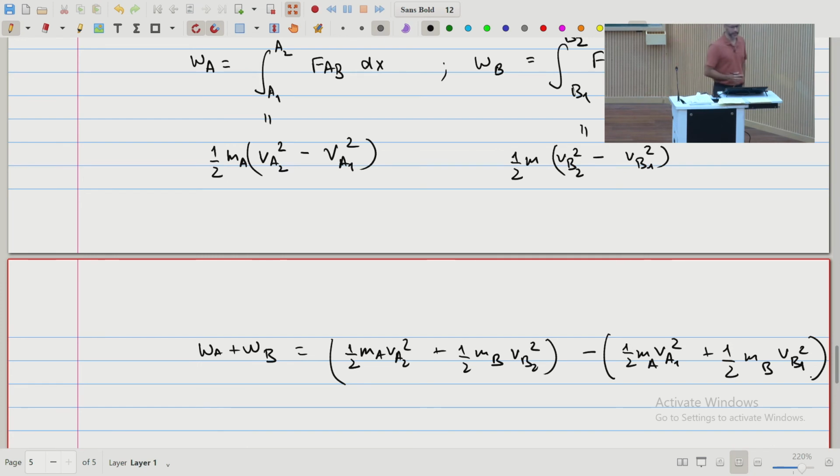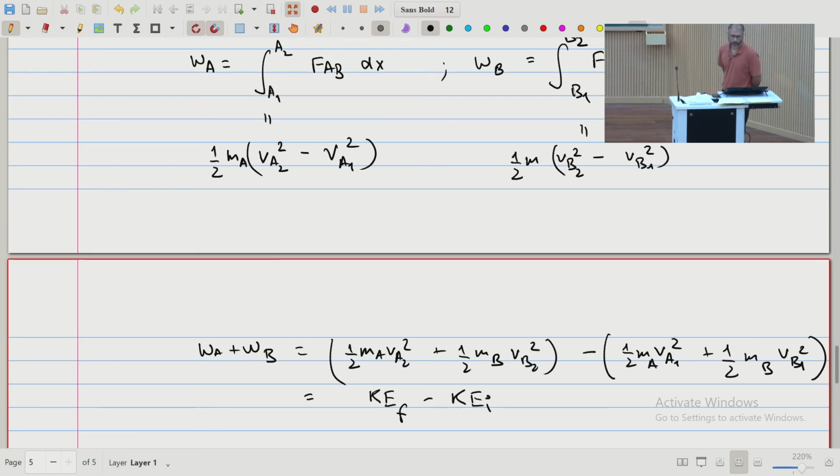On the right hand side, what we have is the kinetic energy at position 2. Well, we shouldn't say position 2 because position 2 can be different for the two particles. Let's say kinetic energy final of the system minus kinetic energy initial. The system is two particles. So the final kinetic energy of the two particles minus the initial kinetic energy of the two particles. And that is the total work done on A and B.